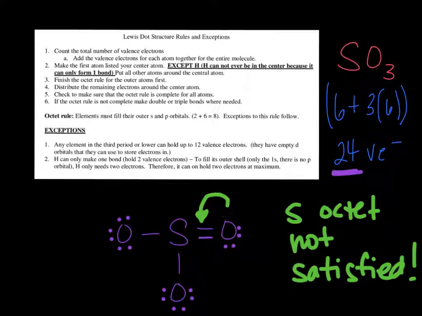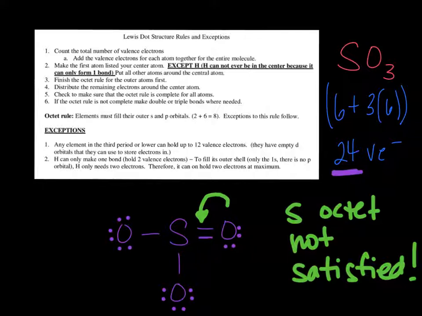Okay, so we're going to erase them right here. And instead of them being just on oxygen, they're now also being shared between the sulfur and the oxygen. So there's 4 electrons here being shared now instead of just 2. And so that is called a double bond.